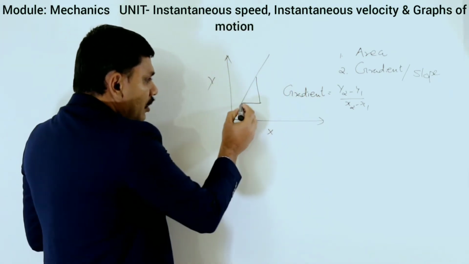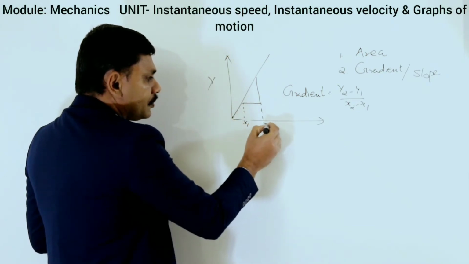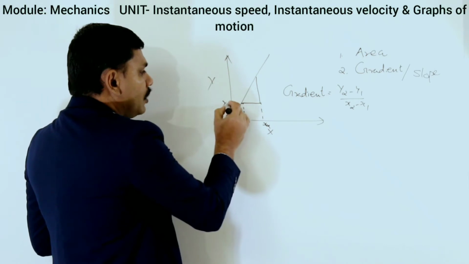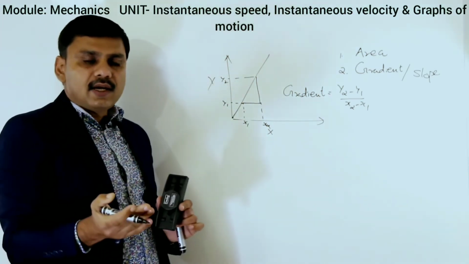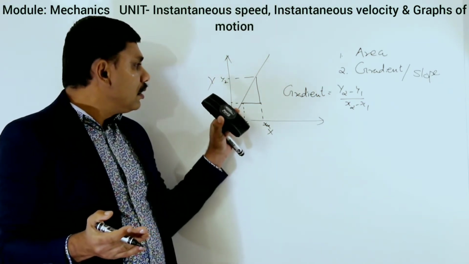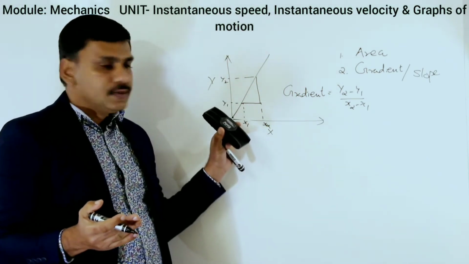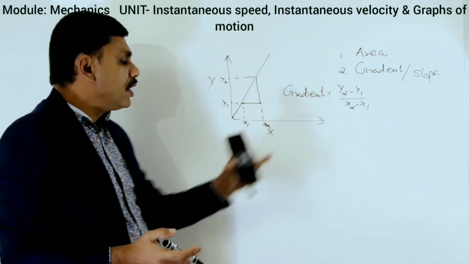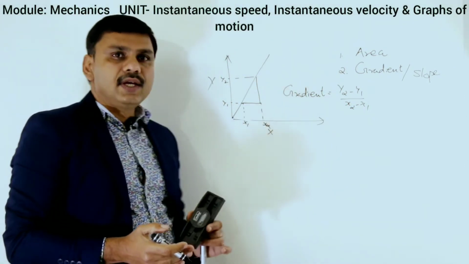and from the triangle you can get this is x1, this is x2, and this is y1, and this is y2. From the triangle you can get y2, y1, x2, x1. So if you take y2 minus y1 divided by x2 minus x1, you will get the gradient of the graph.